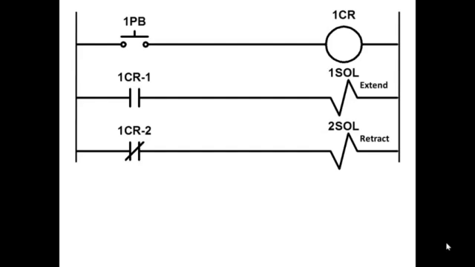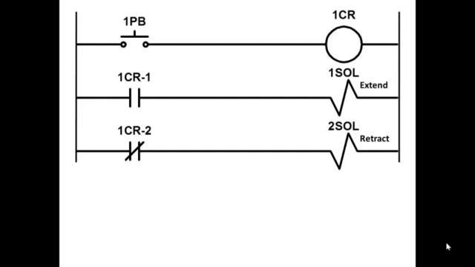In the first rung we have a normally open push button, and for a load we have 1 CR, a relay coil. In the second rung we have a relay contact, a normally open contact, and for a load, in other words, if that contact closes, it's going to energize the solenoid over there, 1 SOL, and its nomenclature says that it's extend.